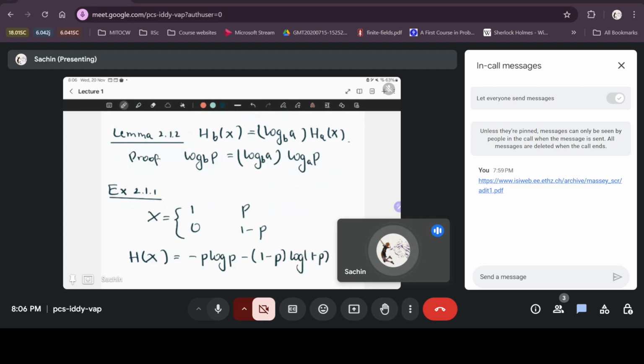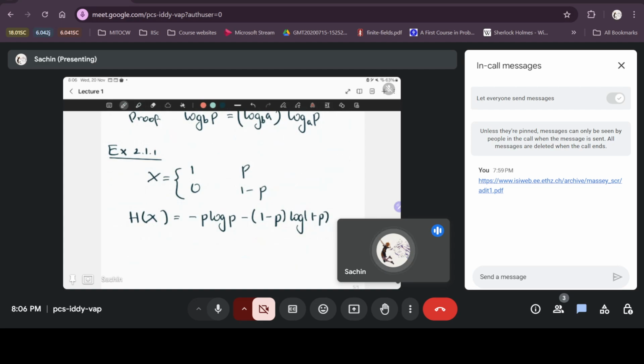And this is a quantity that is used in many places. So specifically for this particular distribution, you give a definition, call it H of p. It's called the binary entropy function or something like that.